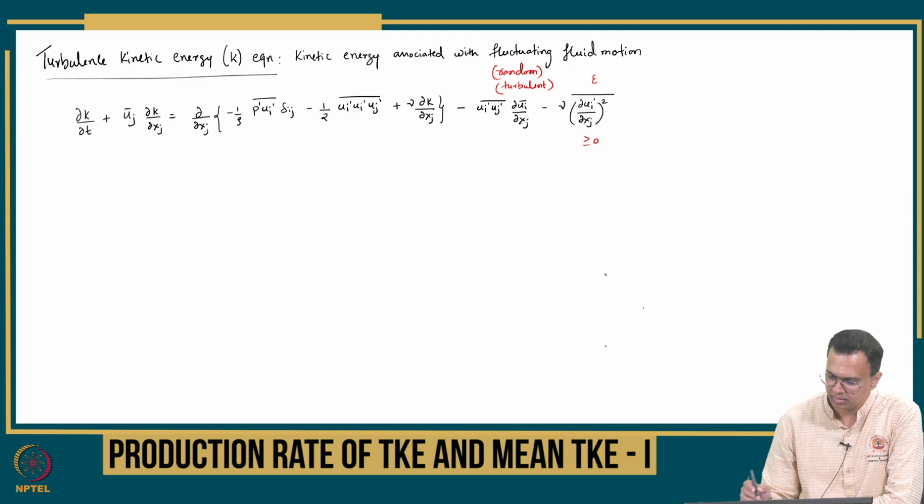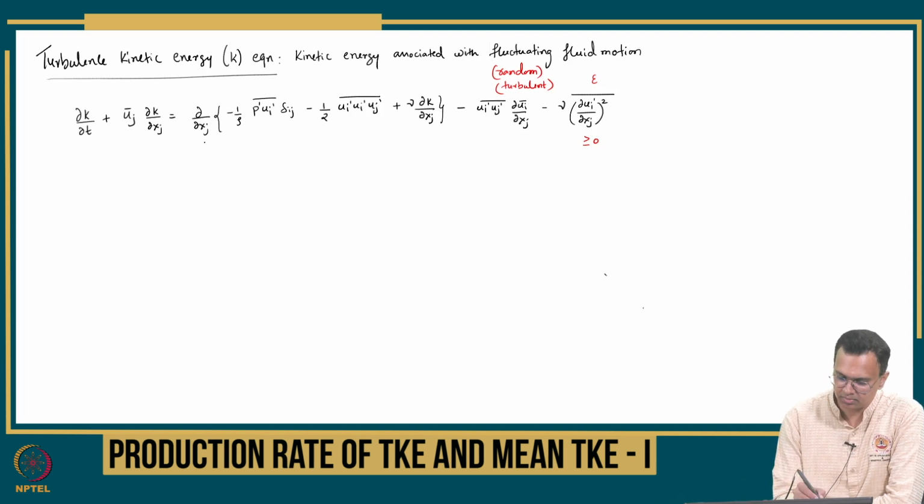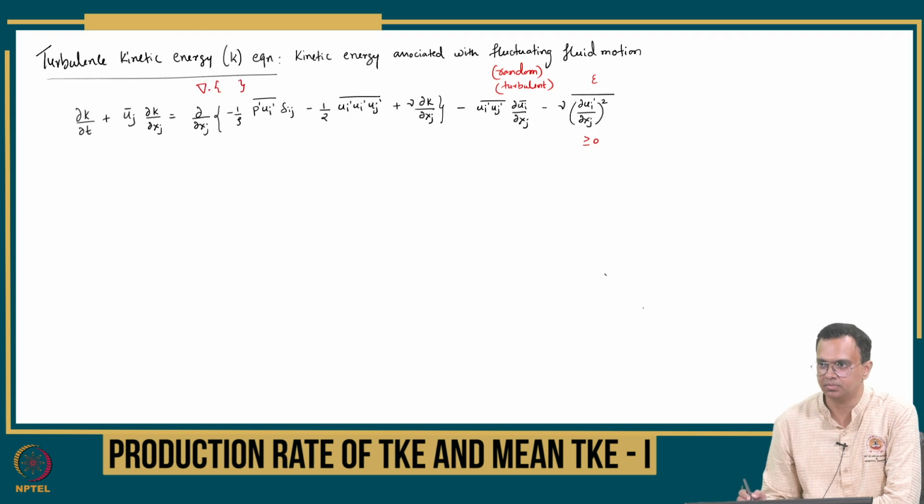Okay, and we also discussed the diffusion rate. This is the only term which is a nabla dot term, the only divergence term present in the equation, and therefore we could do a volume integral of it, use the Gauss divergence theorem, convert it into a surface integral, apply the boundary condition, and see that the net contribution of this term is 0, right?